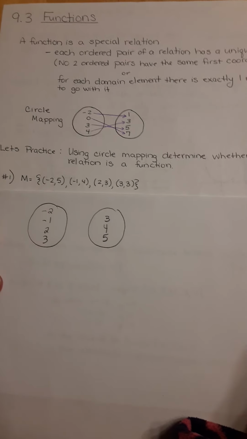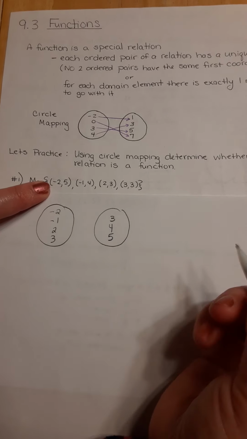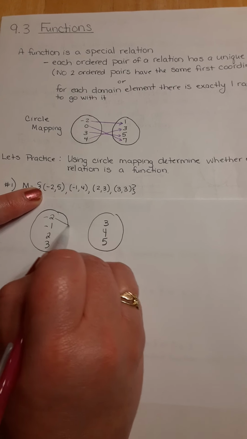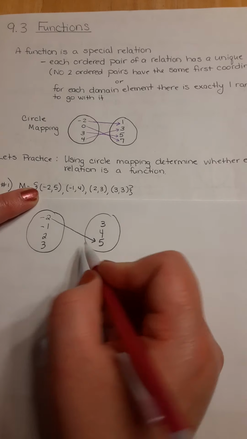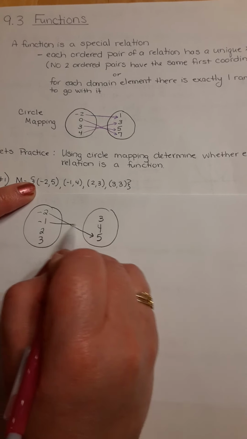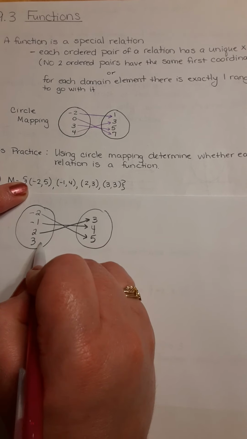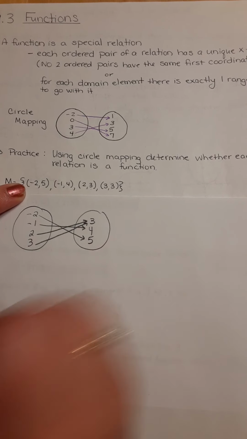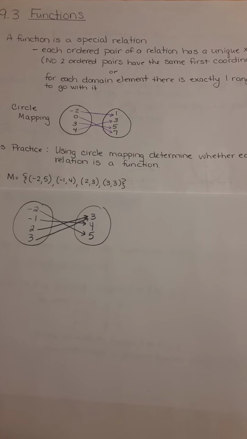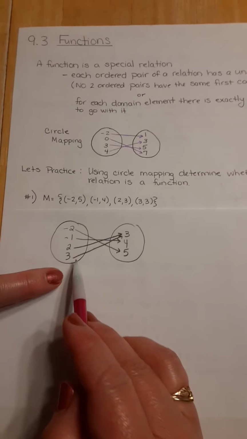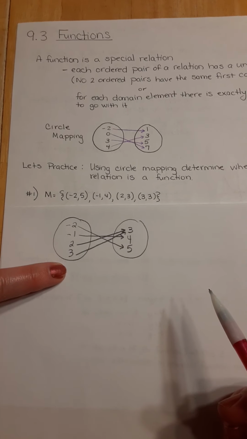Now we take our map and draw the arrows. My -2 goes to 5. My -1 goes to 4. My 2 goes to 3. And my 3 goes to 3. Now we ask ourselves, is this a function? Does every x go to a number?